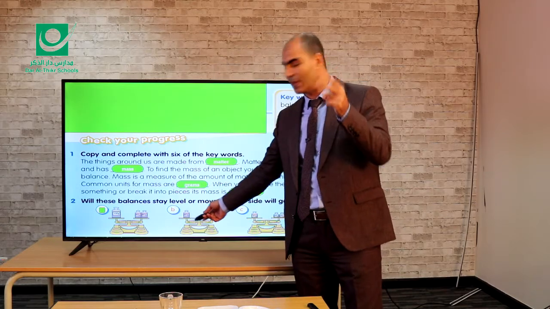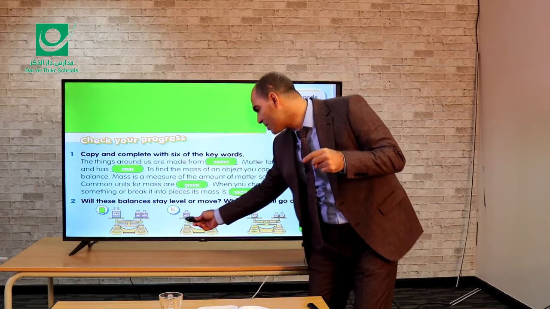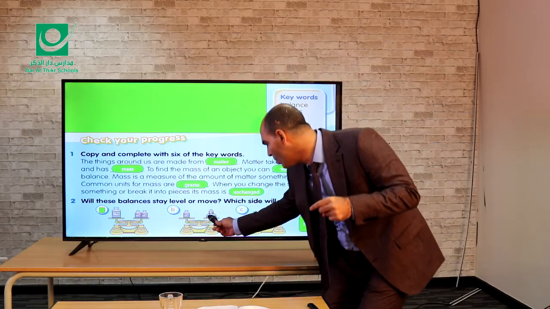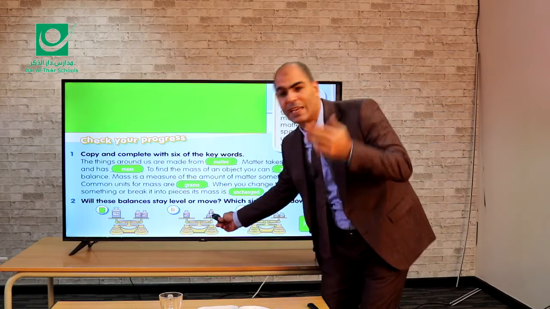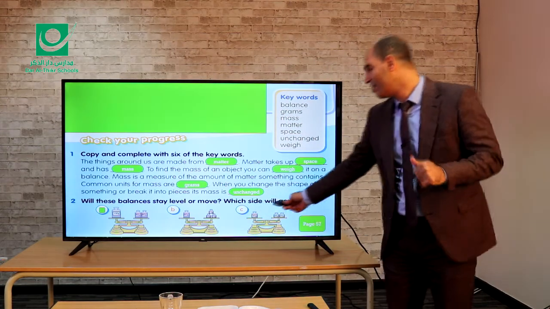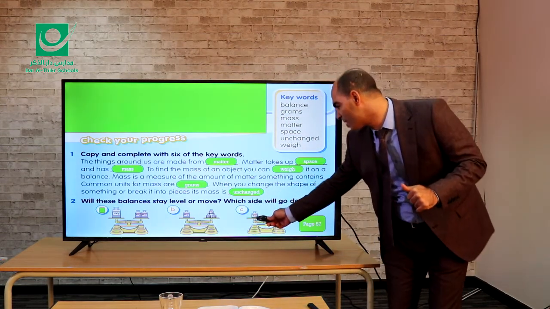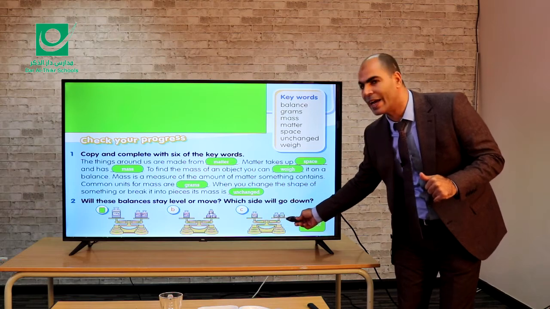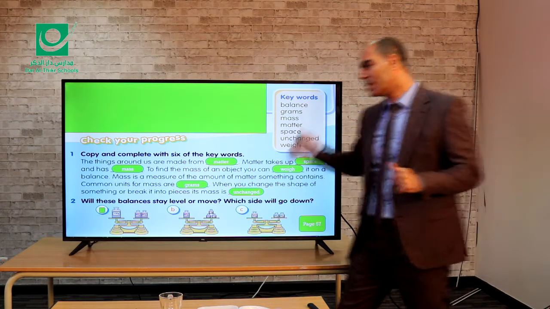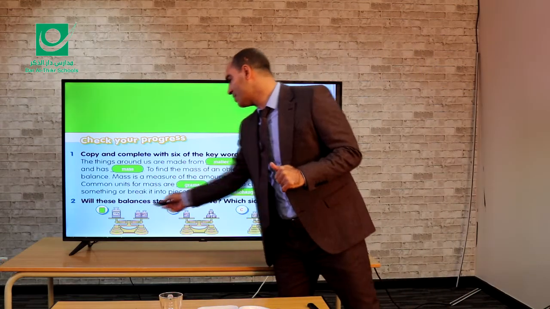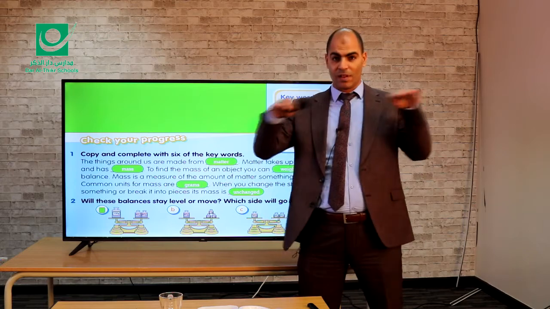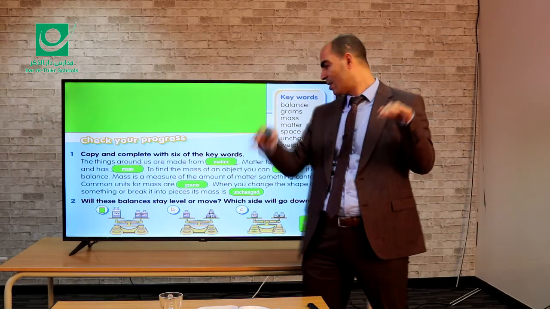The balance B has 50 grams and 10 grams, 10 grams, 10 grams. Balance C has 30 grams, 20 and 20. The question is, will these balances stay level, on the same level?